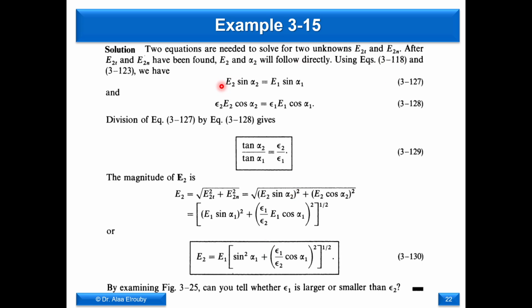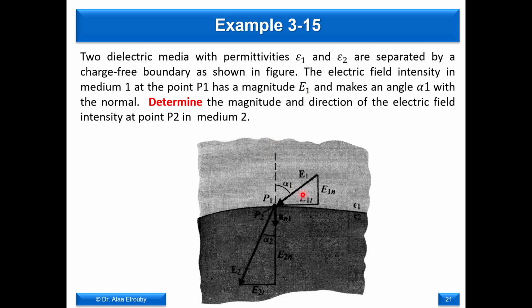The tangential component of electric field 2 equals the tangential component of electric field 1. Tangential component equals E1 sine alpha 1. Tangential component equals E2 sine alpha 2. So this is the tangential component of E2, and this is the tangential component of E1.